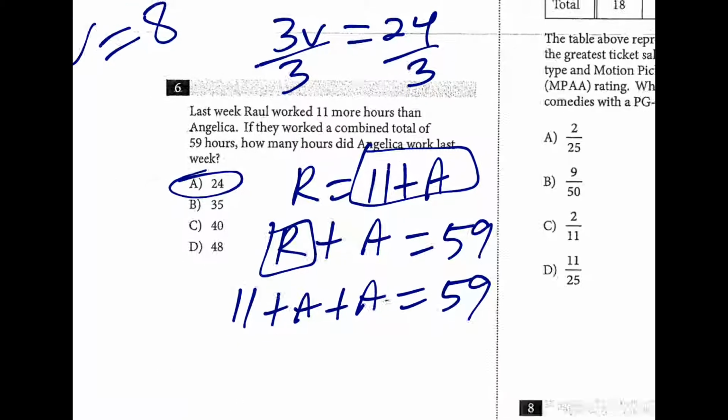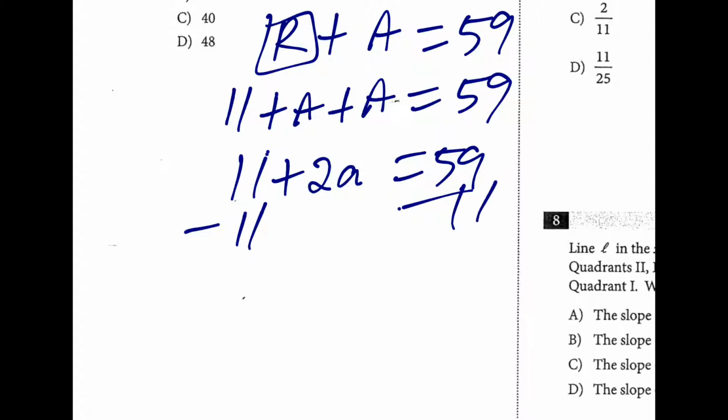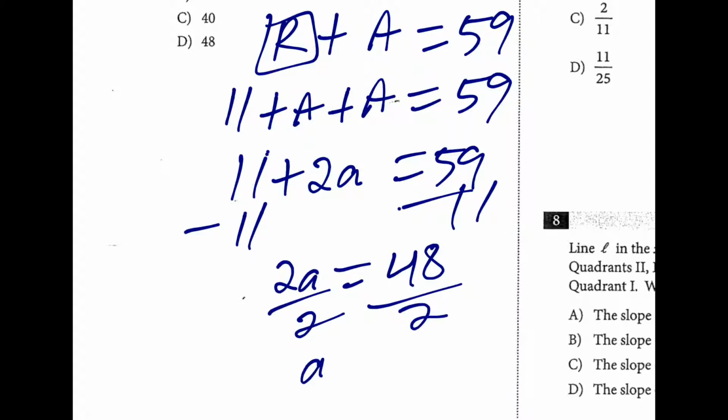Then when we combine like terms, we have 11 plus 2a is equal to 59. We subtract our 11. We get 2a is equal to 48. And when we divide by 2, we get the same answer, 24.